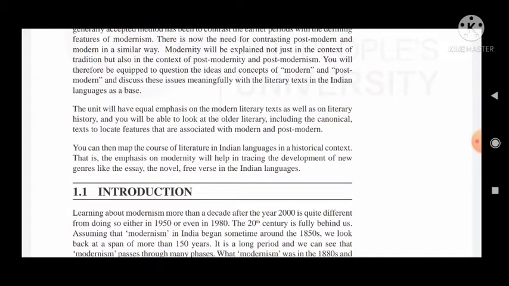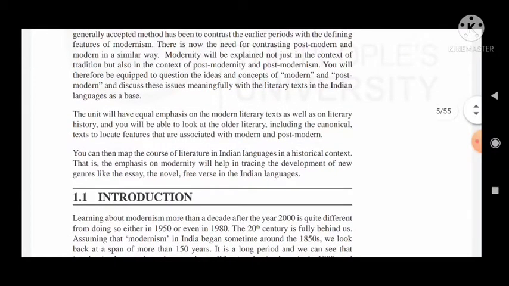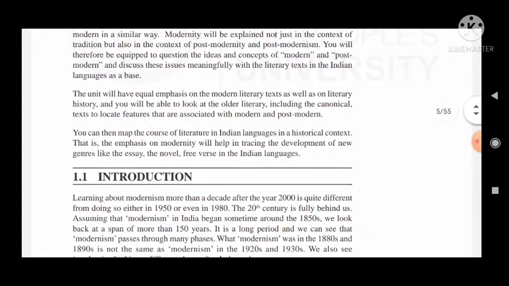There is now the need of contrasting postmodern and modern in a similar way. Modernity will be explained not just in the context of tradition but also in the context of postmodernity and postmodernism. You will therefore be equipped to question the ideas and concepts of modern and postmodern and discuss these issues meaningfully with the literary text in the Indian languages as a base.